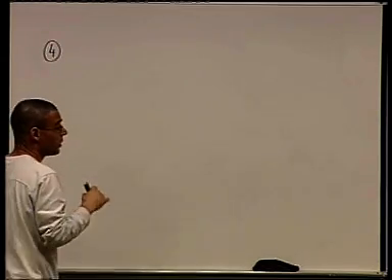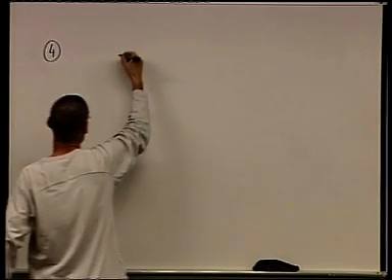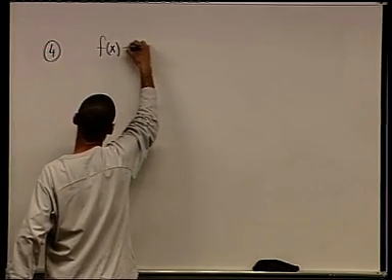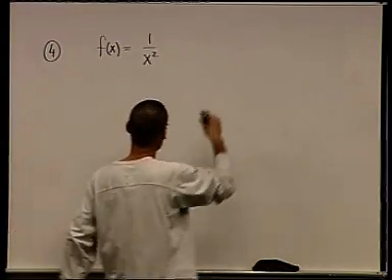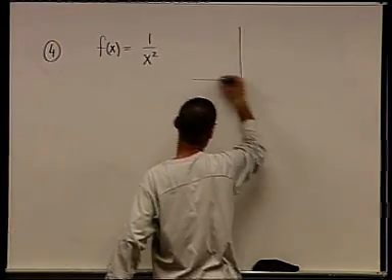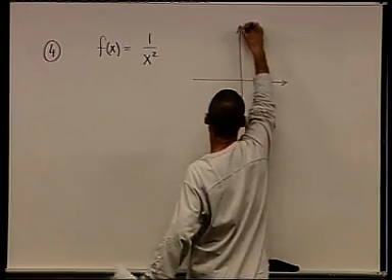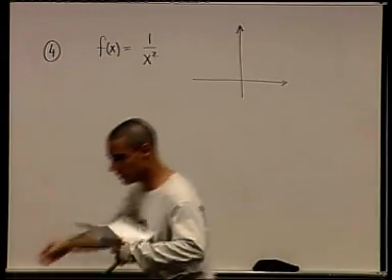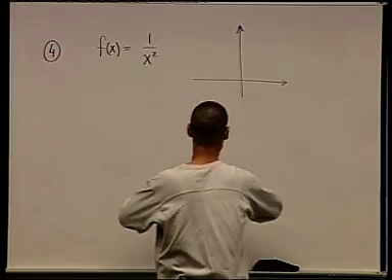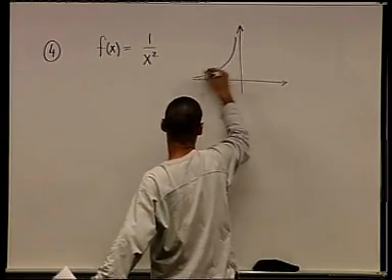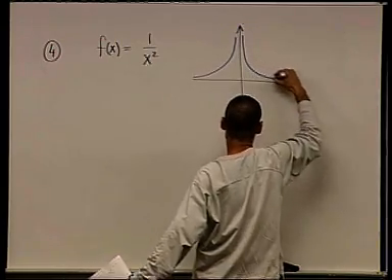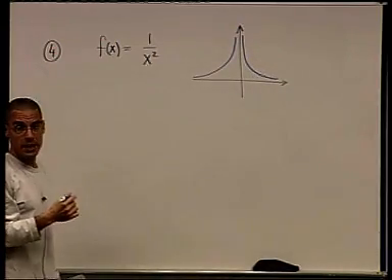Okay, so we're now at example number 4. Here's another example where there is no limit. f(x) equals 1 over x squared. So 1 over x squared looks like this, I hope everybody knows this. Right? You all know that.